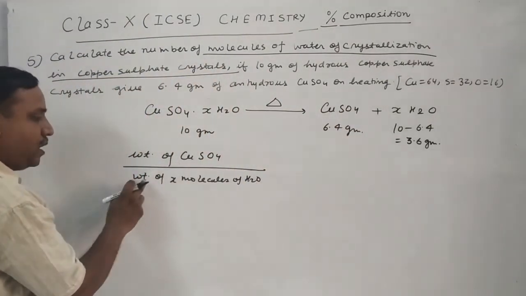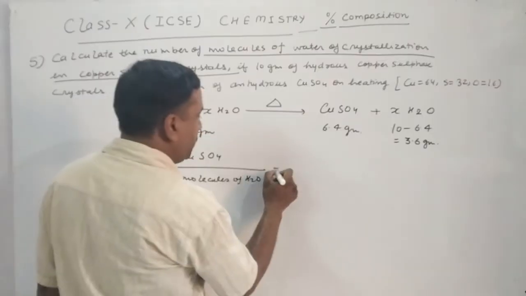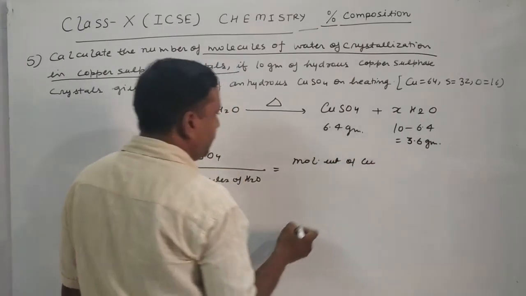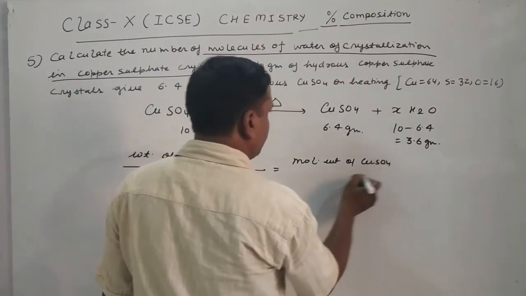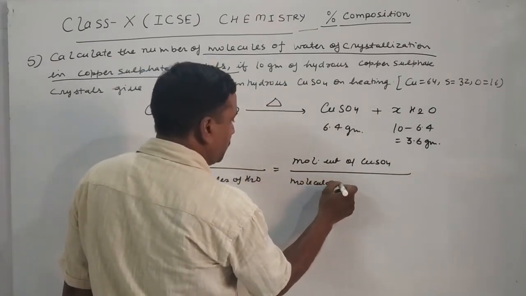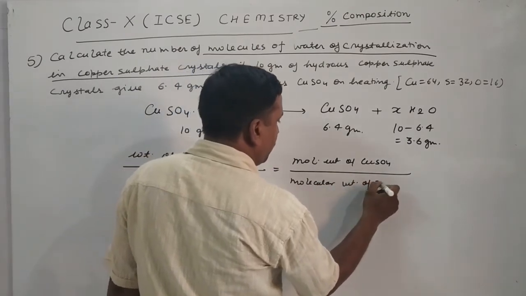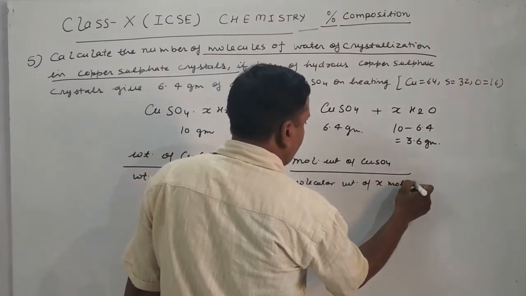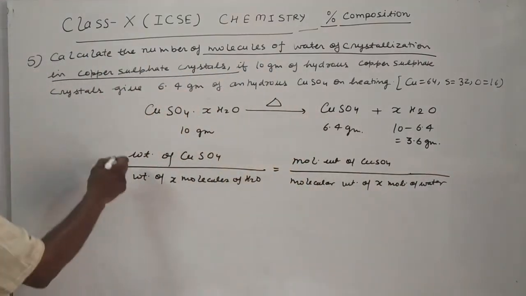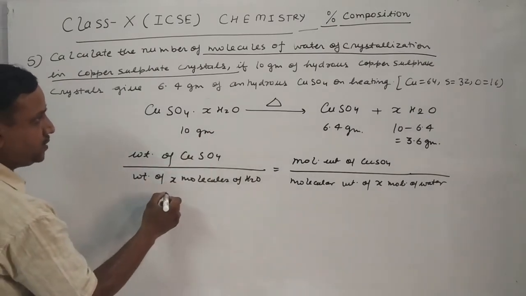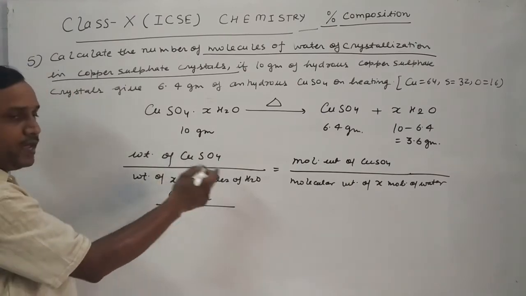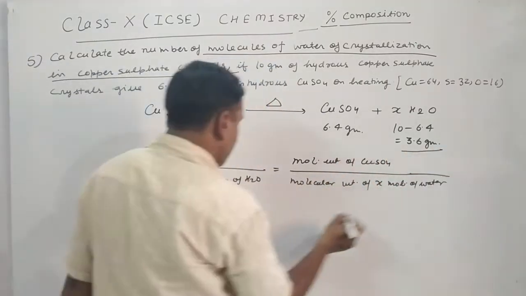Weight of copper sulfate out of weight of X molecules of water will be equal to molecular weight of copper sulfate out of molecular weight of X molecules of water. Weight of copper sulfate given is 6.4 gram. Weight of X molecules of water, here we have calculated, is 3.6 gram.